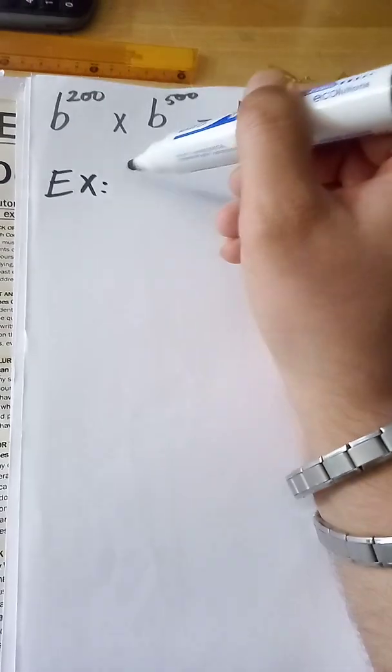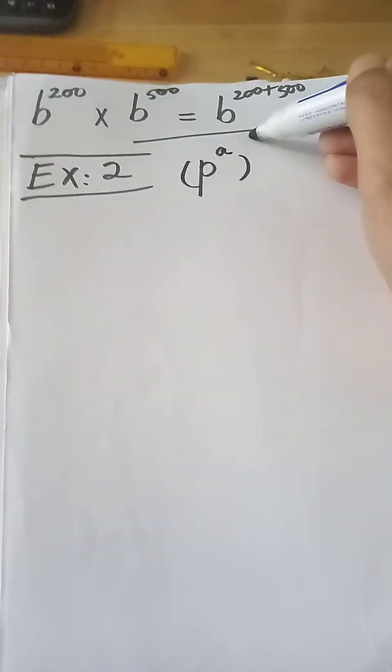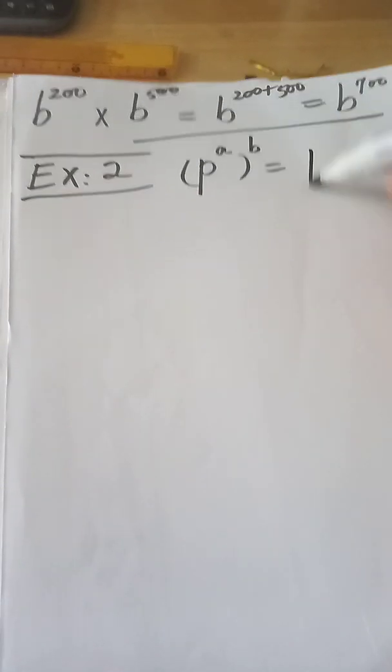Exercise 2. So I'll use the same. The first question will be p to the power a, whole to the power b. So it would be p to the power ab.